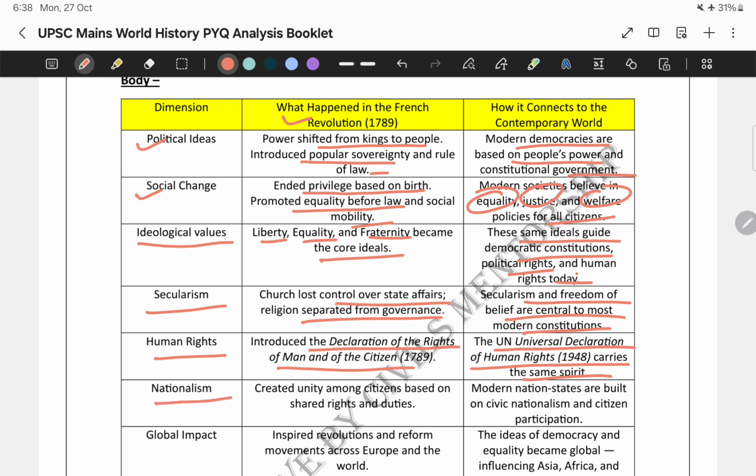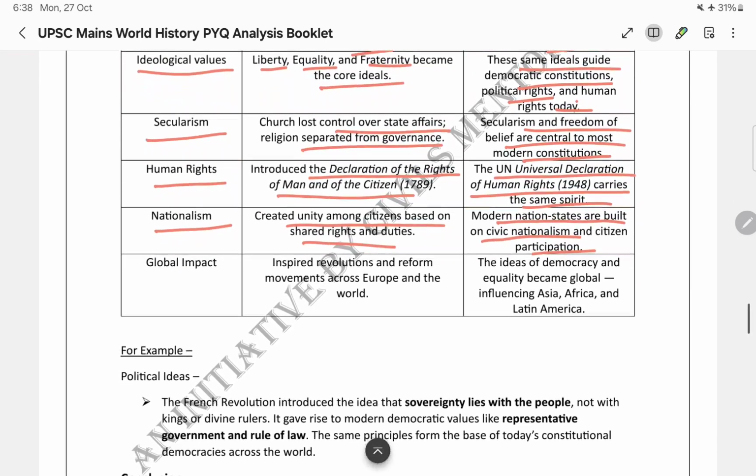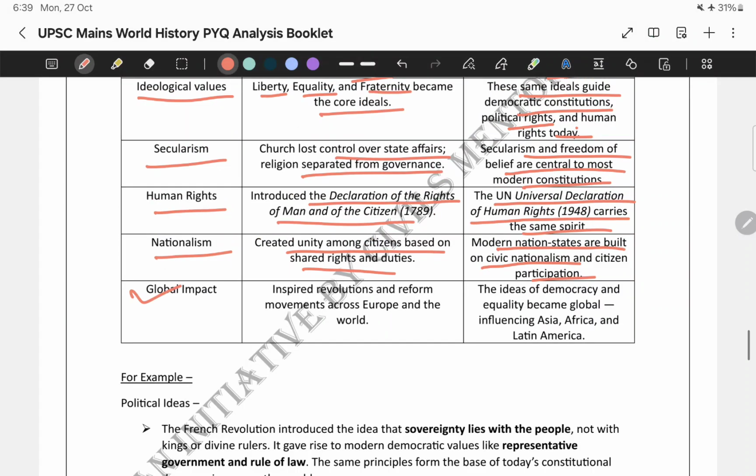Next dimension is nationalism. What exactly happened over there? They created unity among citizens based on shared rights and duties. How can you connect it to today's world? Modern nation states are built on civic nationalism and citizen participation. And finally, the final dimension is global impact. What exactly happened during the French Revolution?